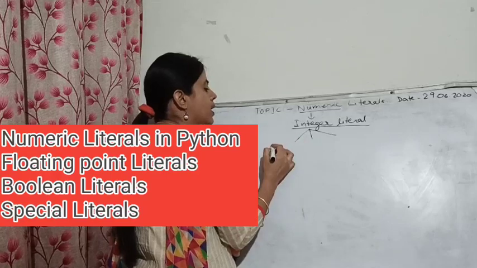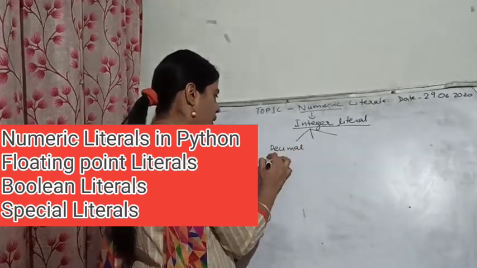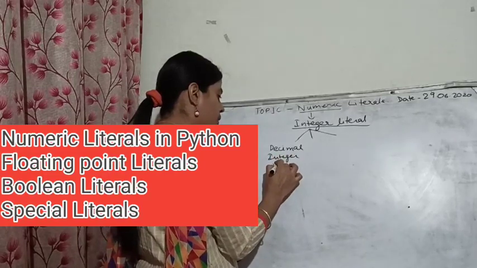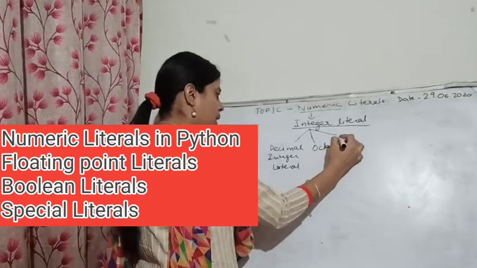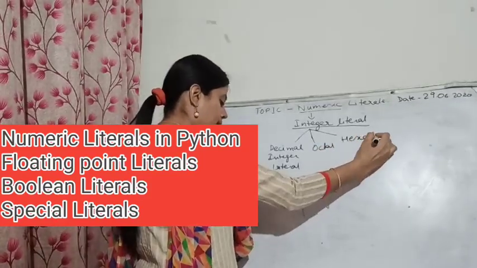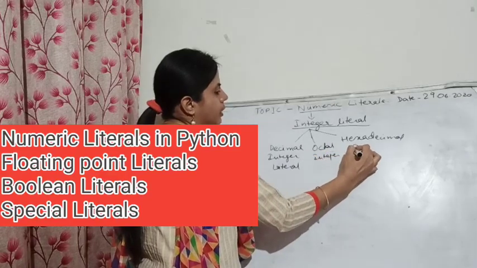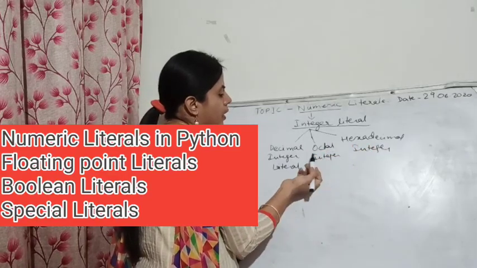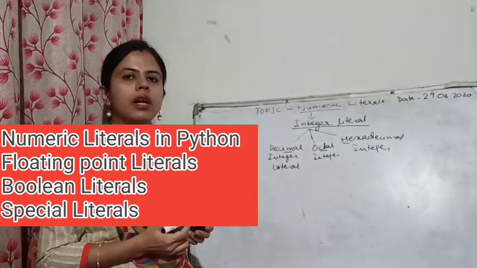The first one is decimal integer literal, then octal integer literal and hexadecimal integer literal. So I hope that you are remembering the decimal, octal and hexadecimal.